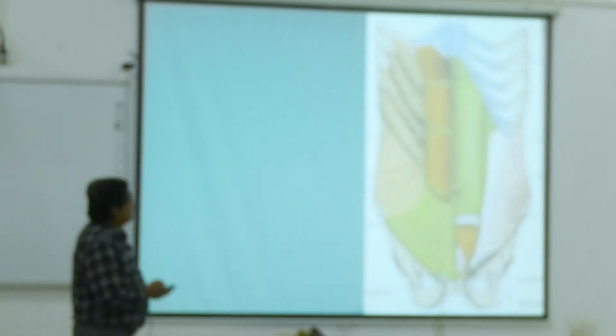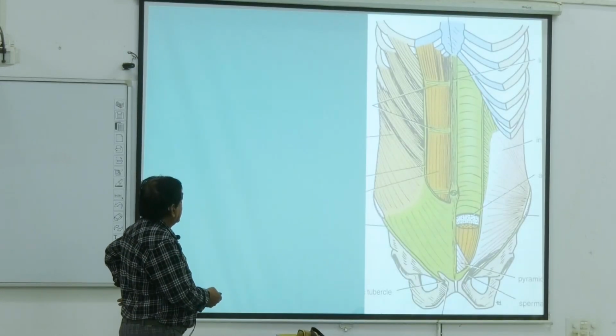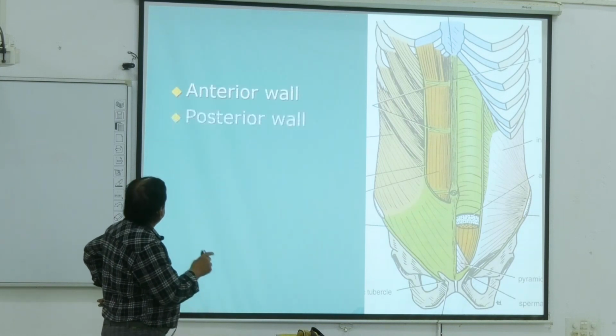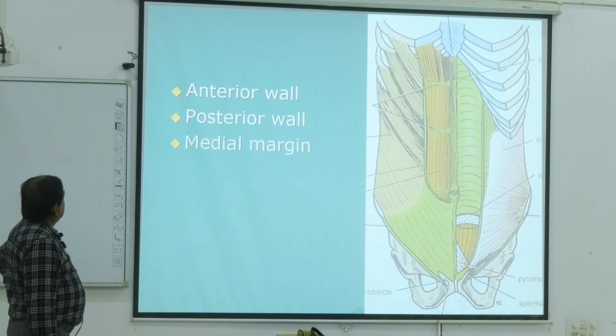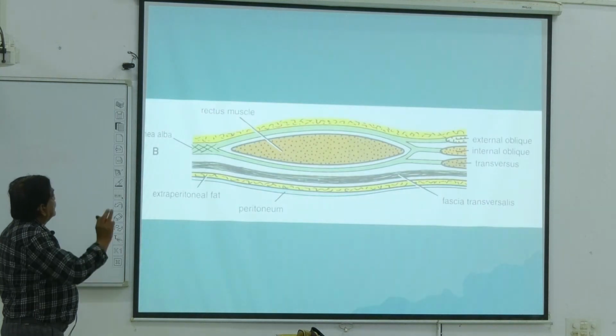But now you see the rectus abdominis muscle that is opened. Next. Anterior wall, next posterior wall, medial margin, lateral margin, content. Now this is important.